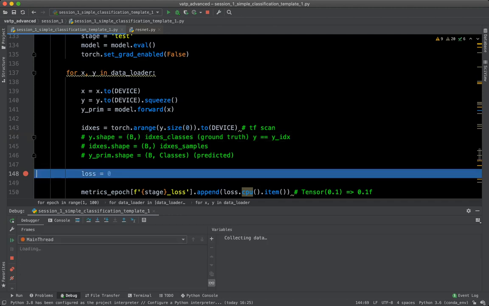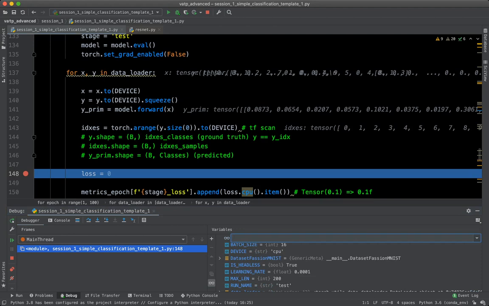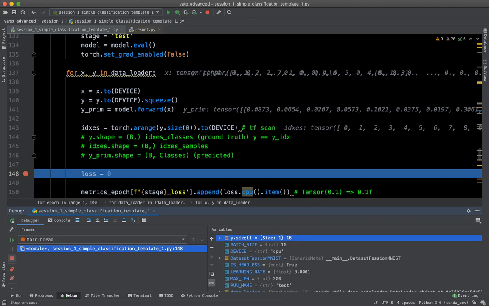Okay, it works so far. If you add the breakpoint here, and then just the normal way with PyCharm, using the Y, then the size and stuff like that, you can get all of the stuff here. So you should try out using the breakpoints to figure it out. I think it should not be that difficult.